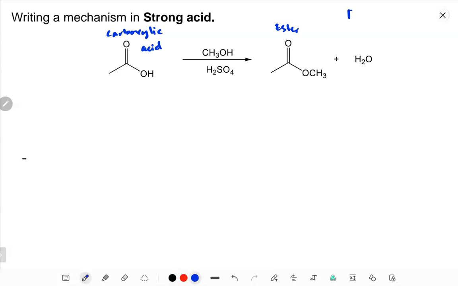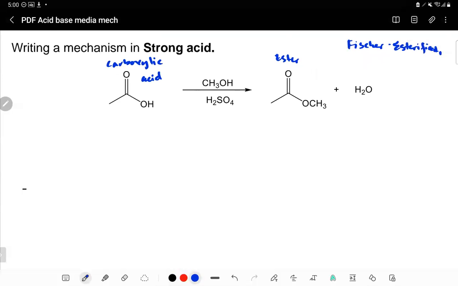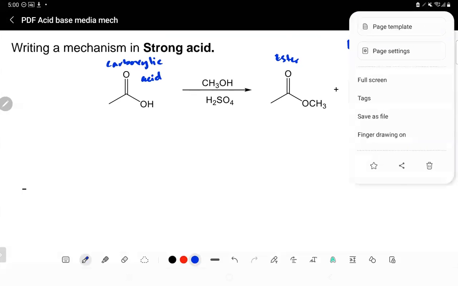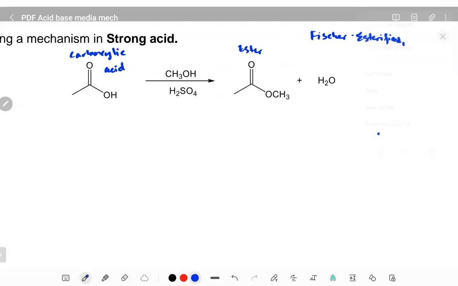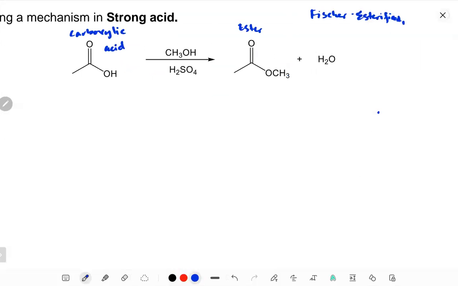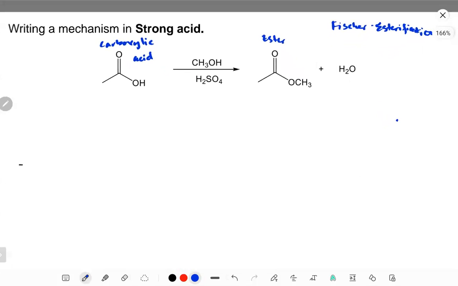This is what we call a Fischer esterification reaction, wherein you have an alcohol, you react it with a carboxylic acid in the presence of a strong acid. And a typical example of a strong acid is sulfuric acid.